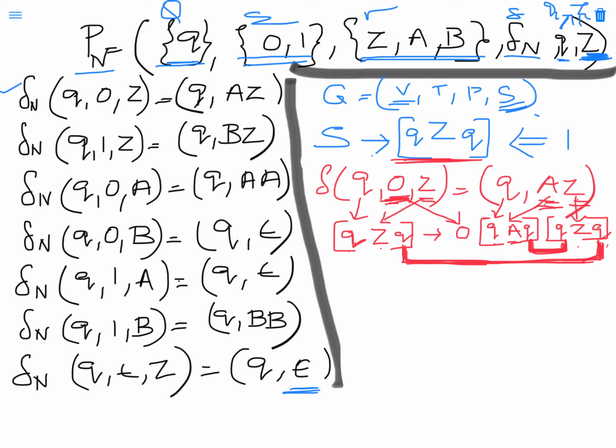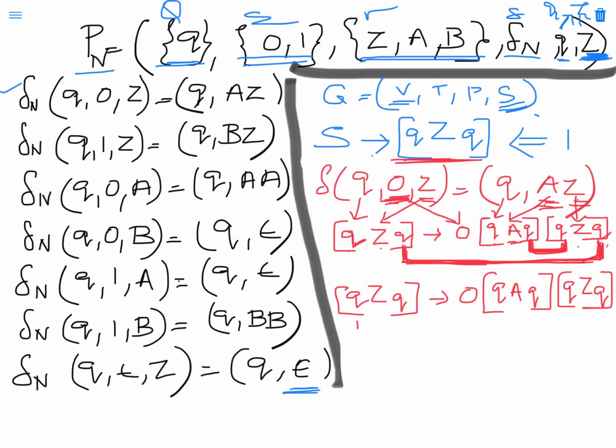So the obtained production is Q is Z Q gives 0, Q A Q and Q is Z Q. So this will be the second production. The first production is for the start symbol S, S gives Q is Z Q. And the second production is for Q is Z Q, where you use the right hand side as 0, Q A Q and Q is Z Q.